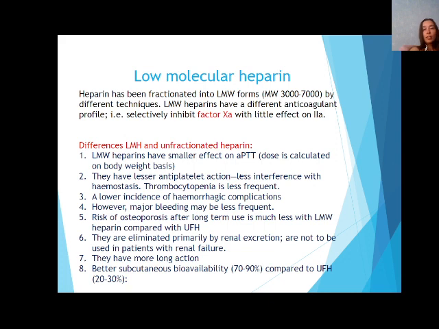They have less antiplatelet action, less interference with hemostasis, and fewer side effects like hemorrhagic complications, bleeding, and risk of osteoporosis. They are eliminated primarily by renal excretion, so they should be used with caution in patients with renal failure.